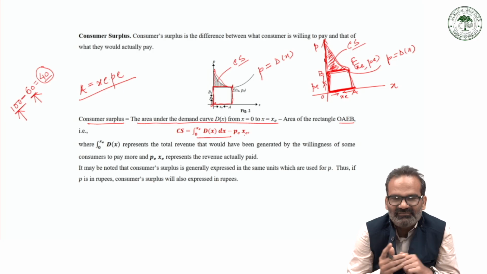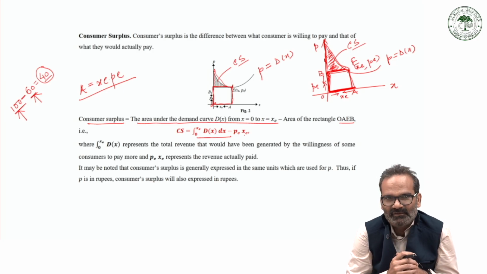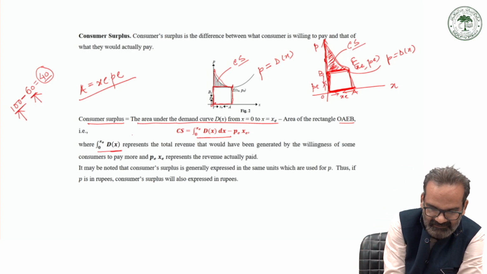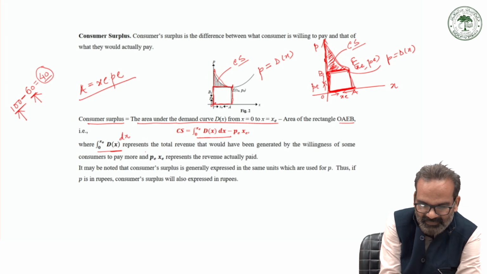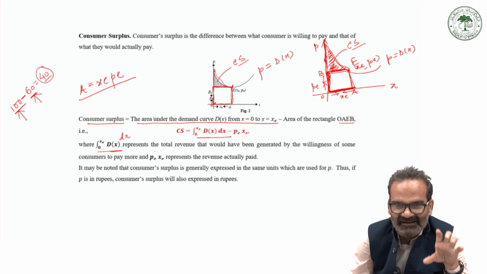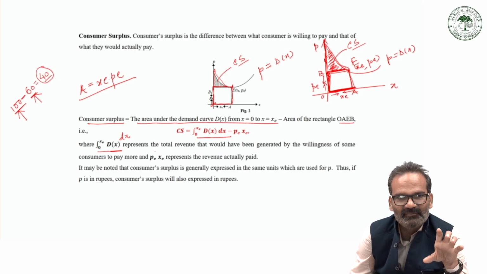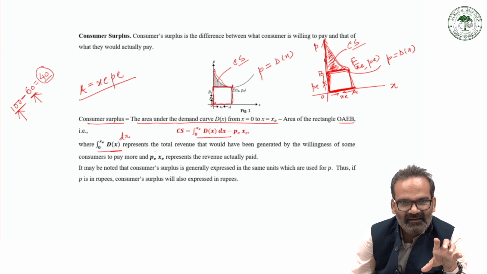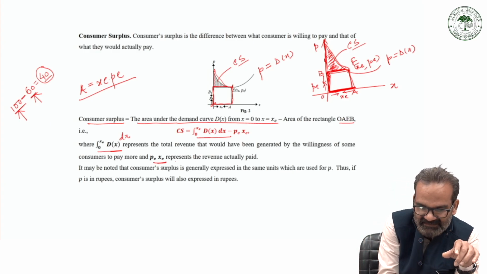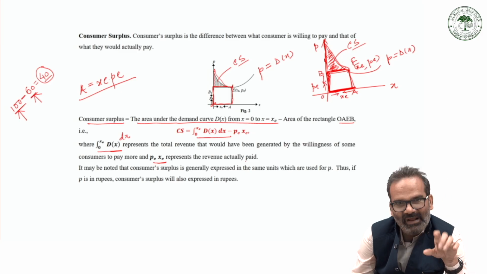So what does this formula actually represent? Look here, the first portion, the integral from 0 to XE of D(x) dx, represents the total revenue that would have been generated by the willingness of some consumers to pay more, and this PE and XE simply represents the revenue actually paid, right?